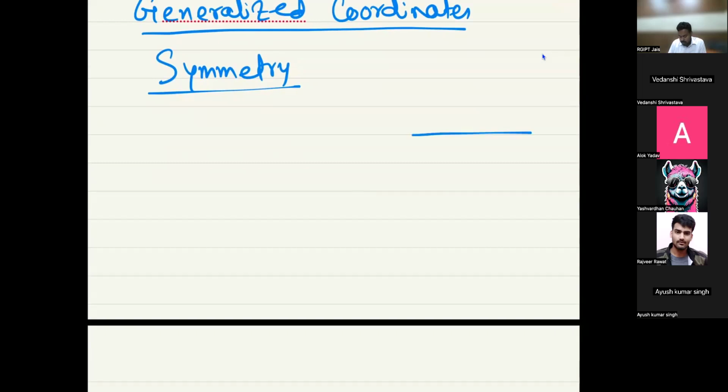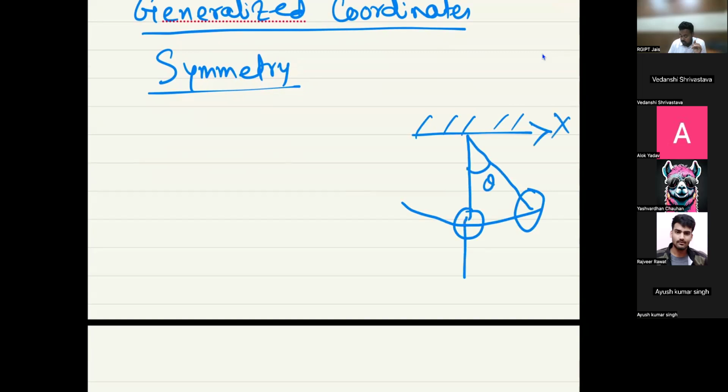For example, in the case of the simple pendulum, let's go back here again. Here we can choose an XY coordinate system and solve this problem. It should not be any problem. But X and Y are related. We know the relation X squared plus Y squared equals L squared, where L is the length, for any time.